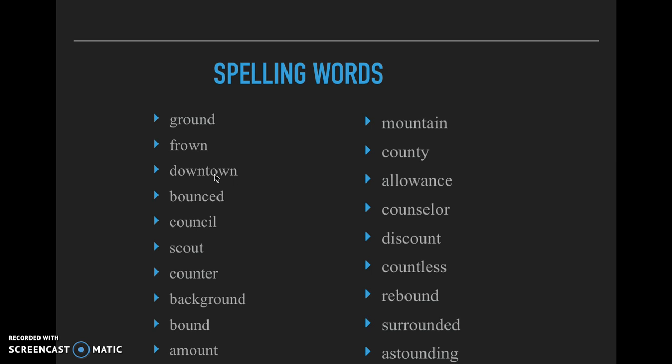And as you can see, they all have that ow sound, the OU or the OW. There's a couple of them that I would expect students to have a bit of trouble with, like astounding and probably counselor and allowance. They would probably get confused with the OW and the OU in the spelling, so that's something that they would need to work on.